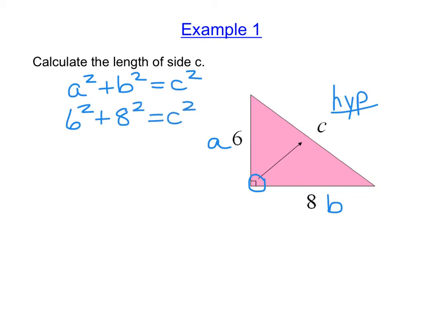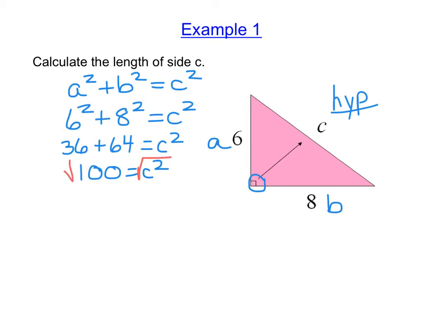Then in my calculator, I'm going to figure out 6 squared, and I'm going to figure out 8 squared. Now I can add those together, and that is equal to 100. Now that equals C squared. We don't want C squared, we just want C. So to undo the squared, we have to do the square root.